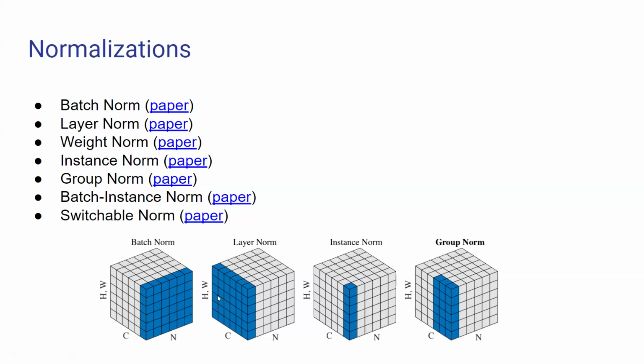The motivation is still the same. For batch norm, we'll probably cover this in lecture 7, the goal is to reduce internal covariate shift, which affects the speed of training. The goal of layer norm is the same, but it applies the normalization across the channels instead of across a mini batch. Instance norm is for a single instance.